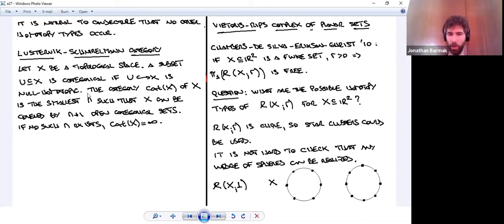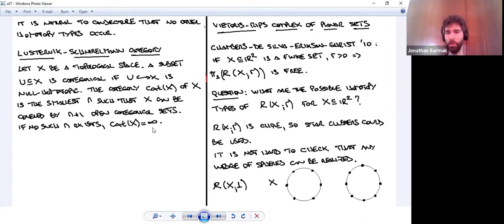In particular, if U is a contractible subspace, then it is categorical. So what is the Lusternik-Schnirelmann category of X? It is the smallest number n such that X can be covered by n+1 open categorical subsets. If there is no such n, the category is infinite.